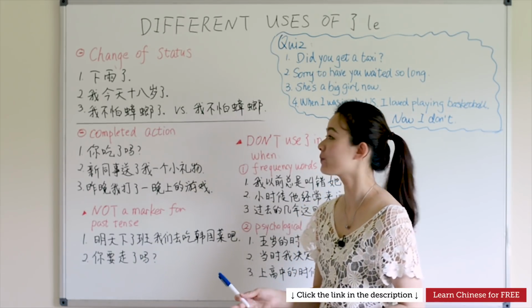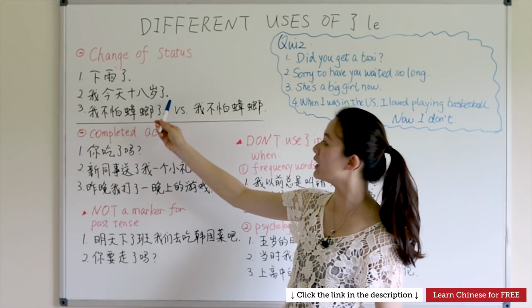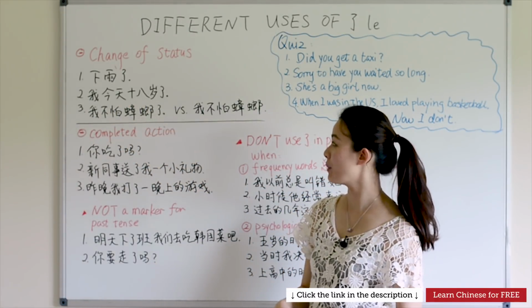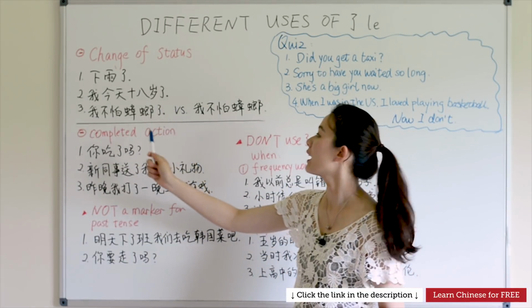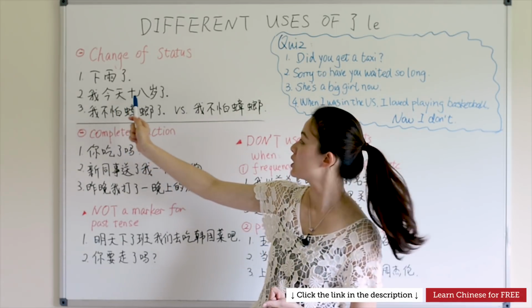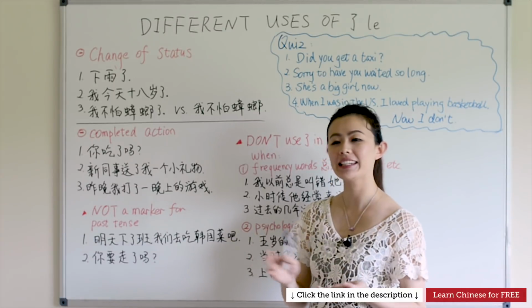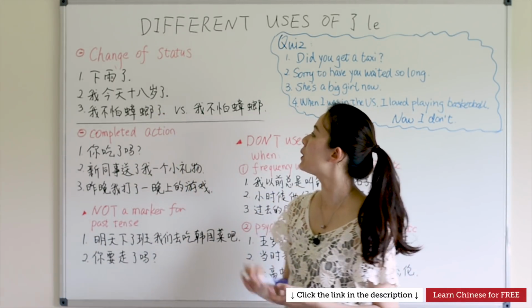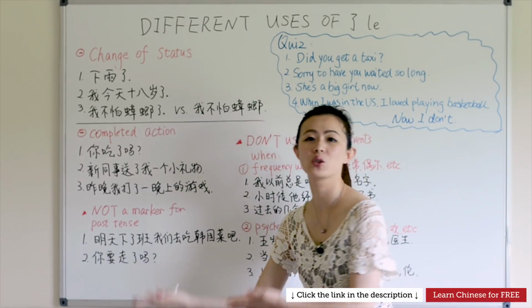下雨了. And the second one, 我今天18岁了. Le is at the end of the sentence, and 我 is the subject. 今天 today. 18 is a number. And 岁, we put 岁 after a number to express how many years old.